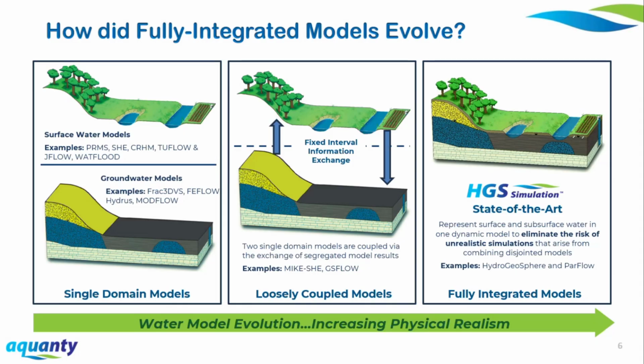Fully integrated models solve for both the surface water and groundwater flow at the same time in the same numerical matrix, so whatever's happening in the groundwater is directly connected to what's happening in the surface water. Two good examples of fully integrated models are HydroGeoSphere and ParFlow, with HydroGeoSphere having the sole presence in commercial applications.